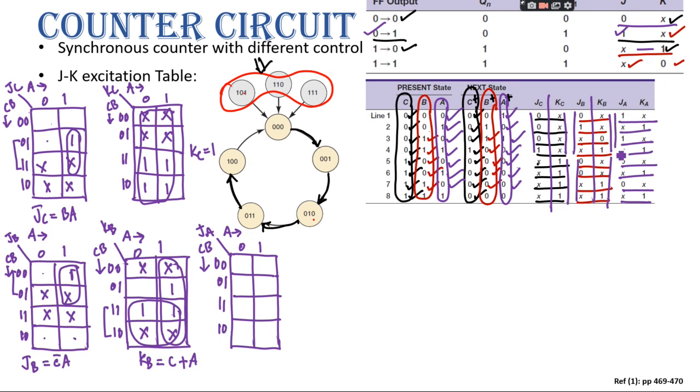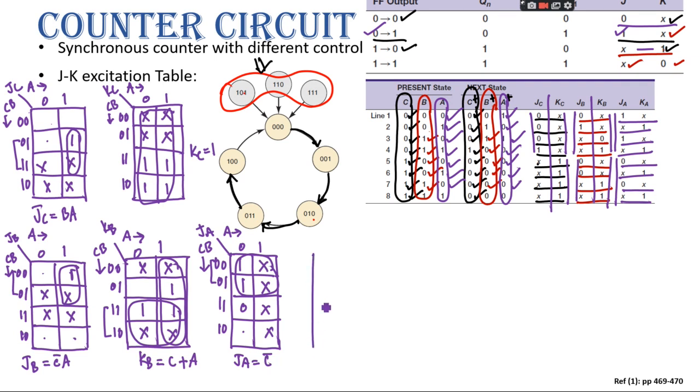So here as you can see, for the first 4, 1 don't care, then here 0 don't care, and then again 0 don't care. So how can we combine them? We can take the upper 4, first 4, right? Yes, sir. So JA is C bar, right?